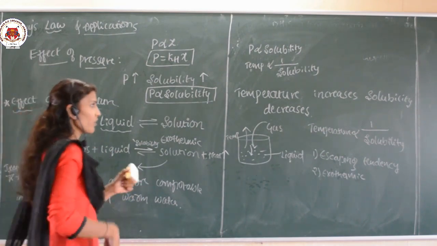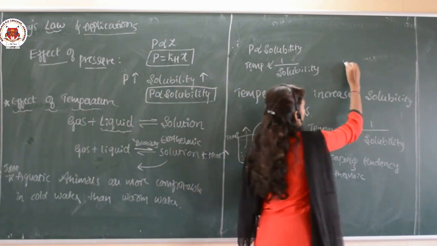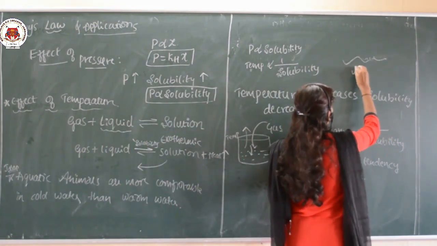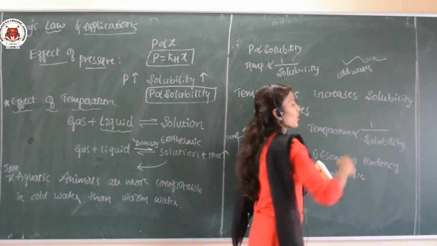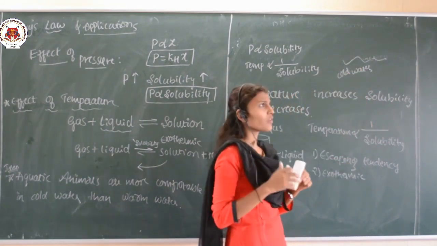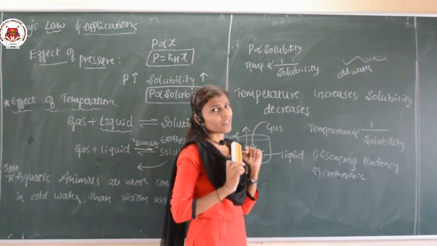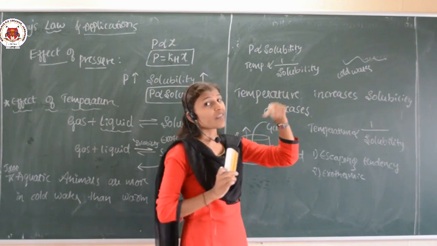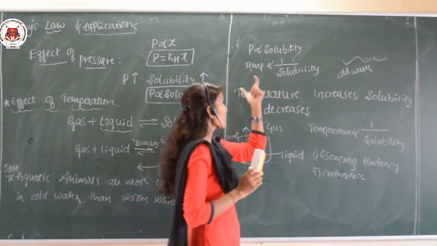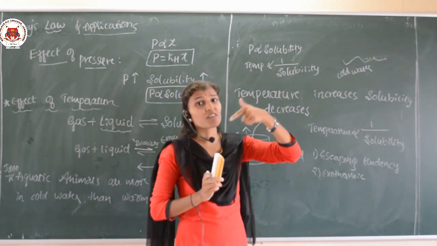So, what happens here? Suppose the water here is cold water. As I said, cold water means the temperature is less. As the temperature is less, the solubility is more.